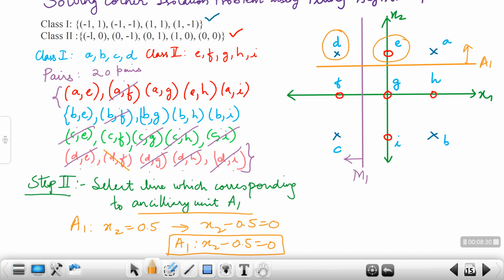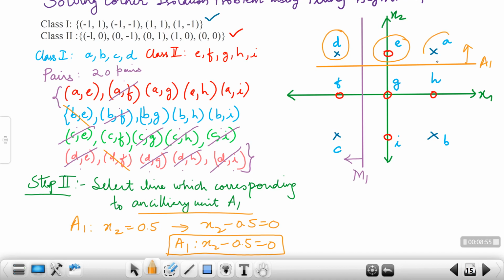Similarly, now I see E. E and A is not getting separated, but E and B is getting separated because of this line. So B, E I can also strike off, and C, E is already separated. So now E and A is left.